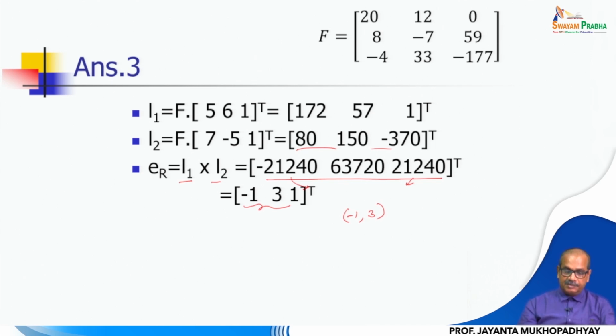Now, for finding the left epipole, I could have taken some arbitrary two pairs of points in the right image plane, computed their epipolar lines, and respectively found the epipoles in the left plane. For that, you have to multiply with F transpose, as the fundamental matrix with respect to the right camera would be F transpose.